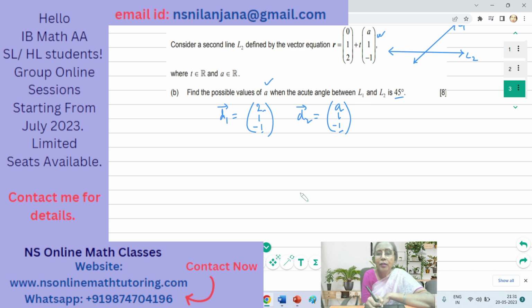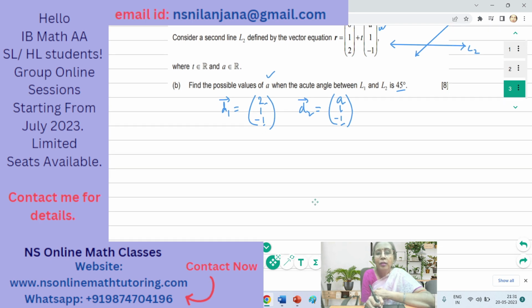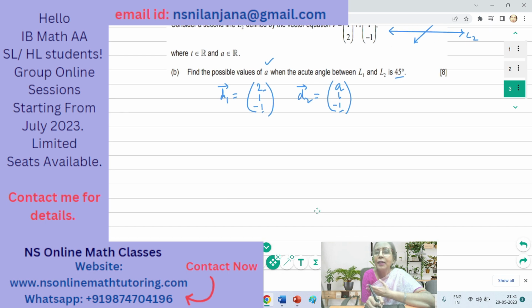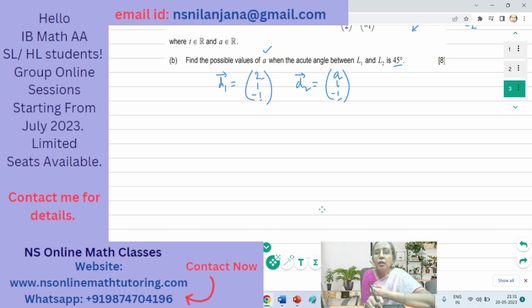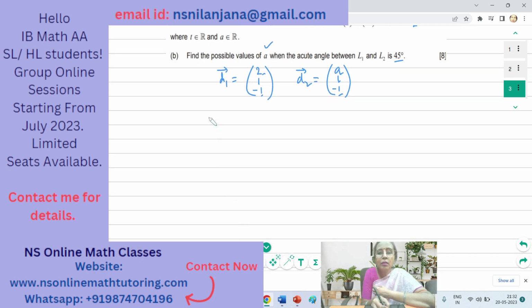For that, let us use the dot product or the scalar product. As I have said, the angle between the two lines will be the angle between the two direction vectors of the two lines. So let us do the dot product of the direction vectors of these two lines.